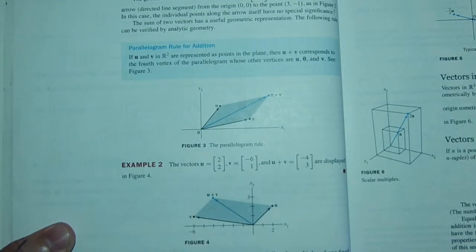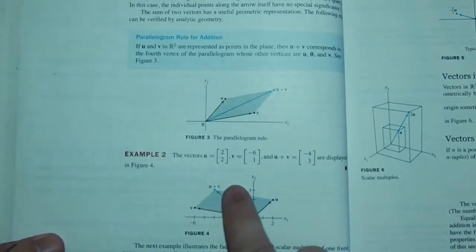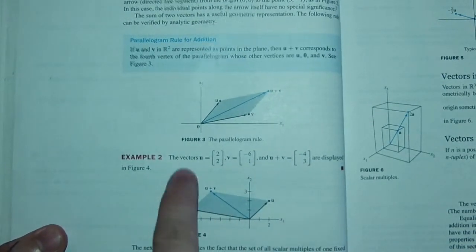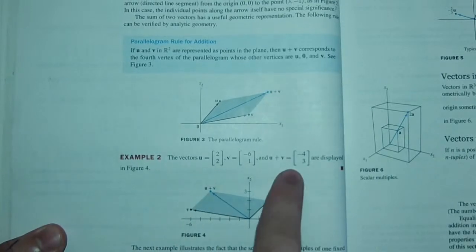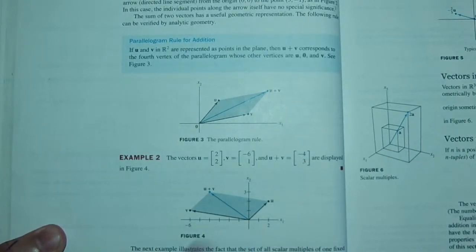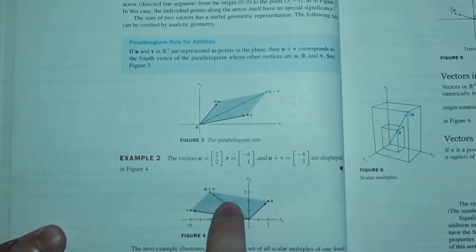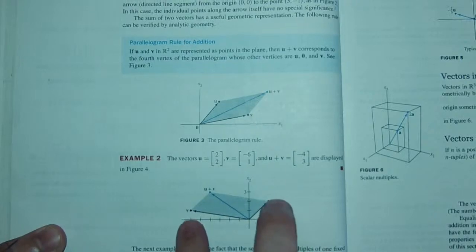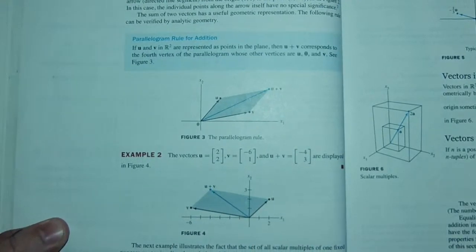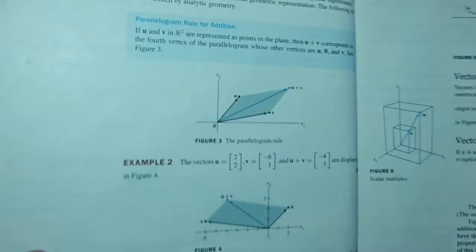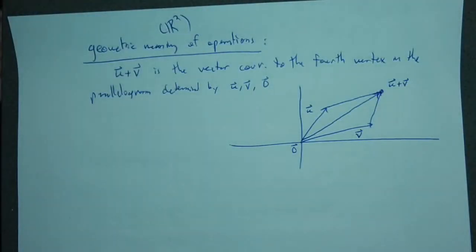So how does this work? Here's an example explicitly working this out. You can take vectors u, v, you sum them, and you get minus 4, 3 here, which turns out to exactly fit into this picture. Okay, so if you have a look at that. All right, so then that is the geometric meaning of addition.